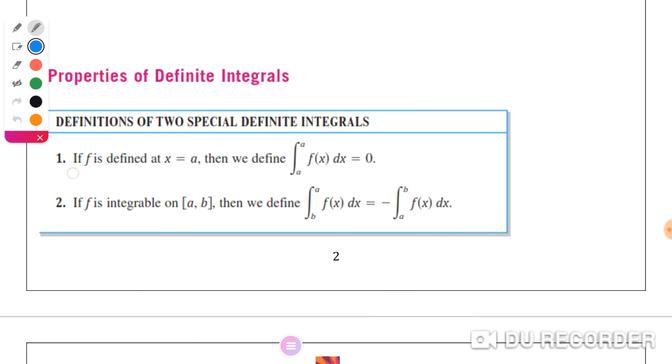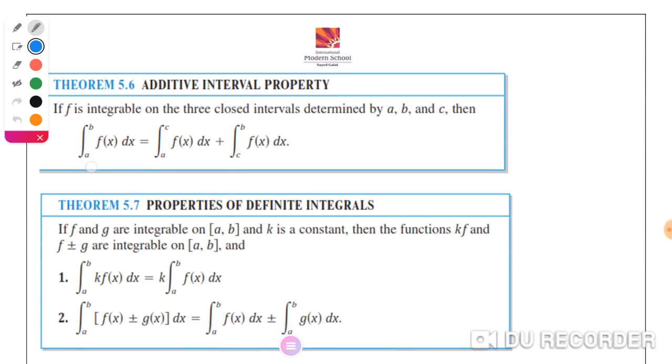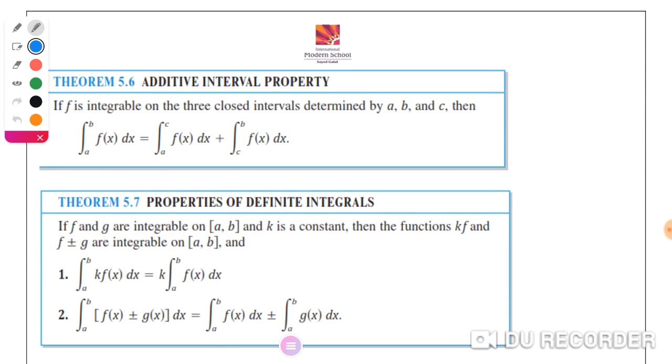Okay, let's continue the properties. Look here, if f is integrable on a closed interval, that is a, c, b. Then in this case, it is integrable here and integrable here.